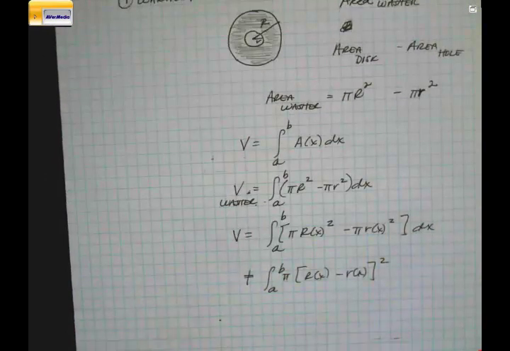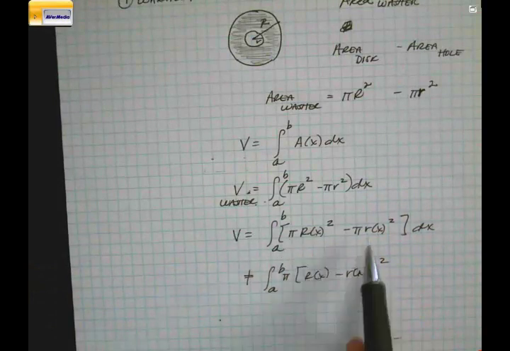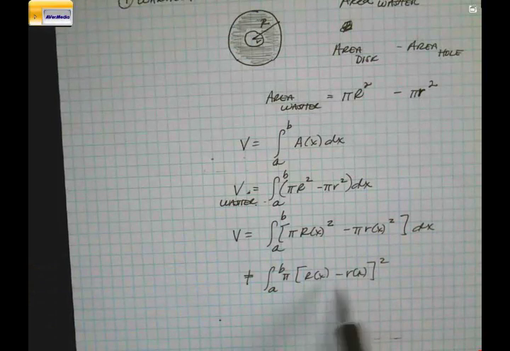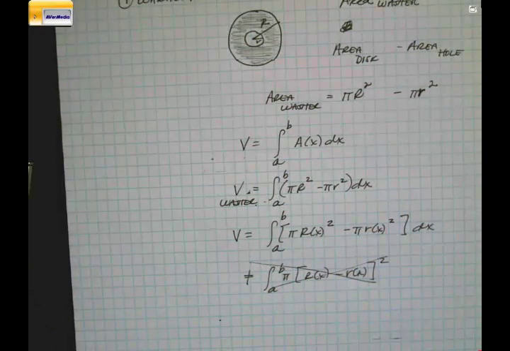This is correct: you square the radius times pi. You don't subtract the radius and then square it. This is wrong. Be very careful that you don't subtract and then square. You square before you subtract. So be very careful that you don't make that mistake.